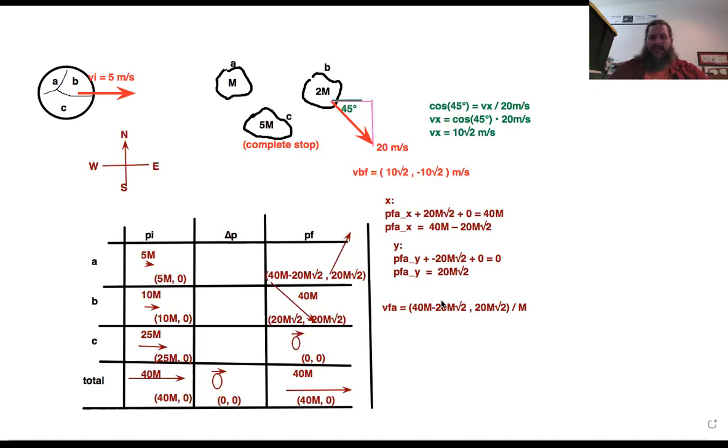When we divide by M, what happens to these components? How would you divide a vector by m if you know the components?